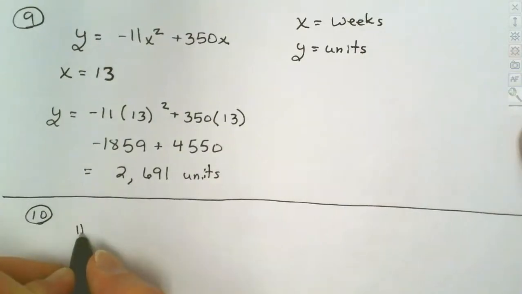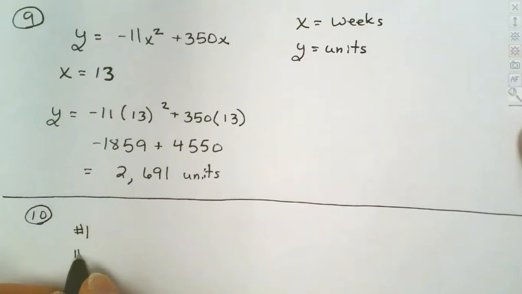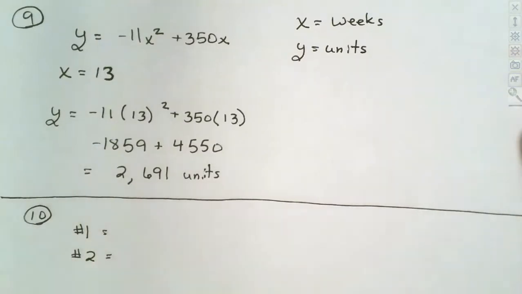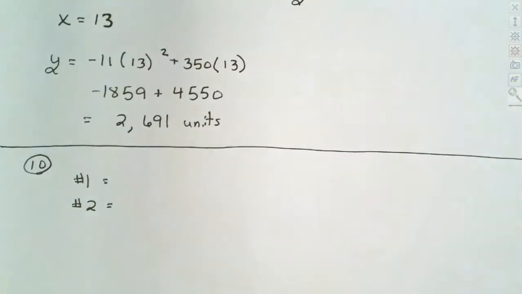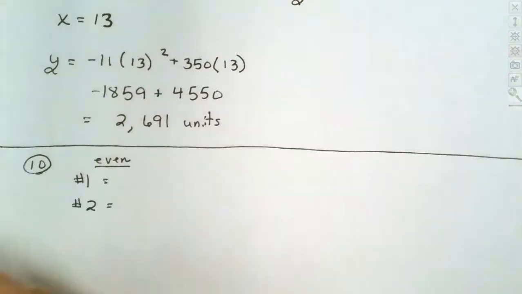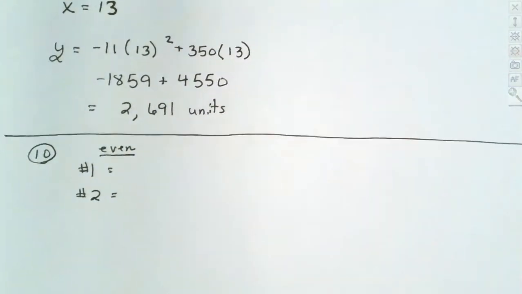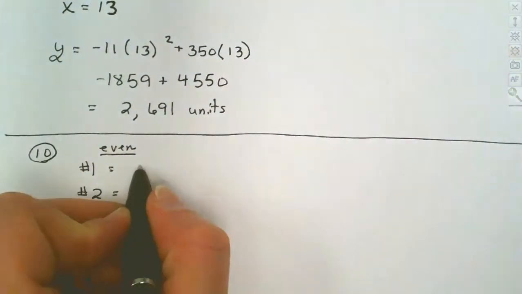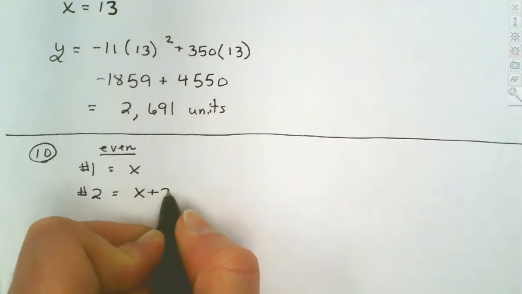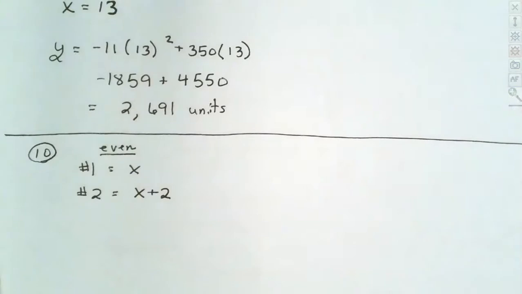And if you remember, when we talk about even numbers, the gap is 2. So remember, your gap is going to be 2 because these are even. Even and odd consecutive integers have a gap of 2. So my first one is x. My second one is going to be x plus 2 because we have a gap of 2.